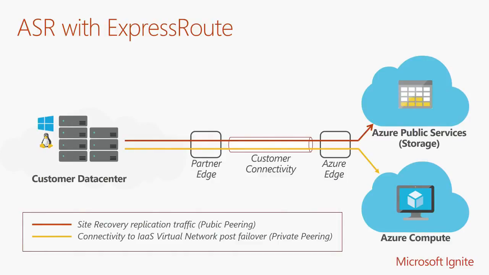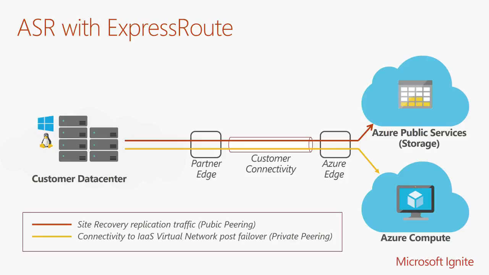Another option that we have in terms of network connectivity is to enable public peering. So when you look at your private peering, what private peering provides is it exposes your private endpoints in your VMs, your private IP addressing gets exposed through a private circuit into your on-premises data center.